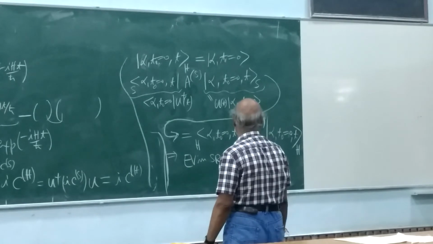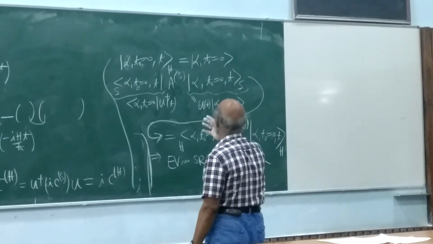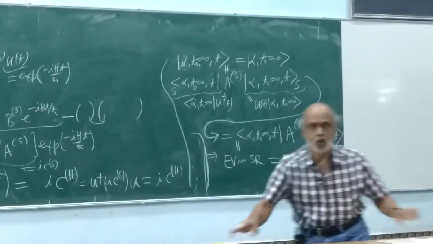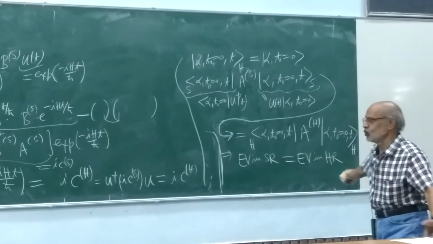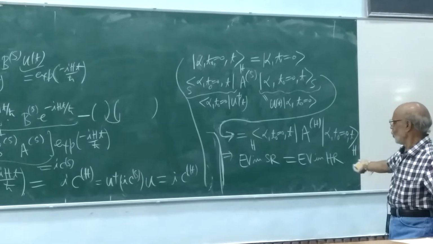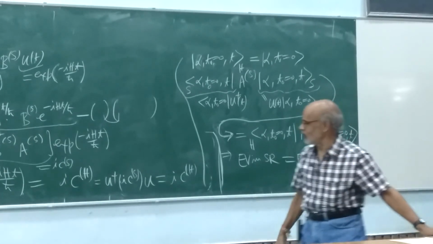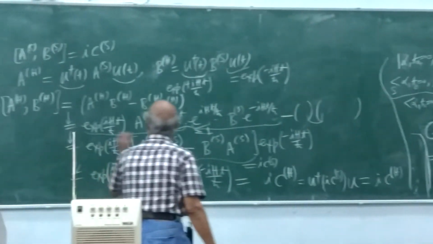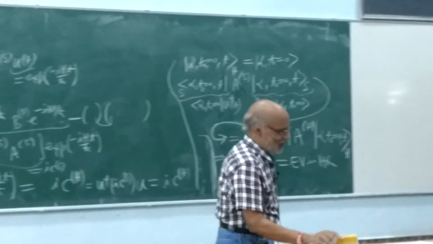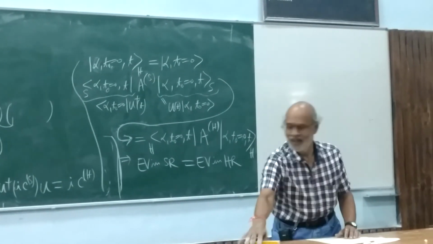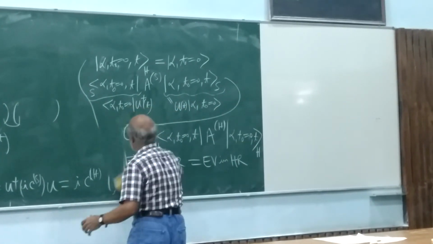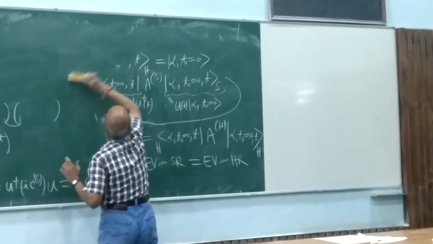I want to now, I need some space, so let me remove. Can I remove this thing on this side? Although I would need this, and I would also need this. So what do I do? Alright.